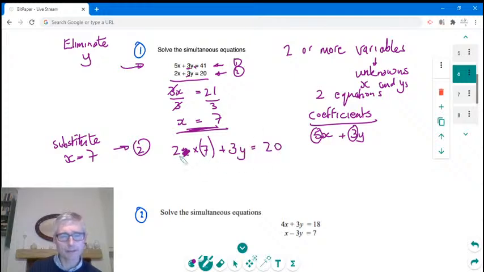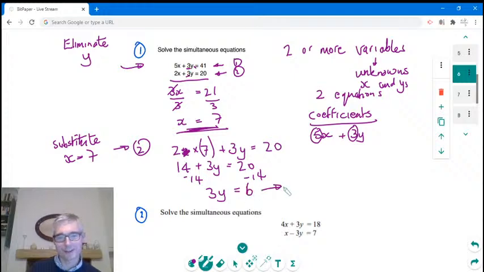And now if I multiply the 2 and the 7 together, it's 14 plus 3y equals 20. And if I take away 14 from both sides, then I end up with 3y equals 6.